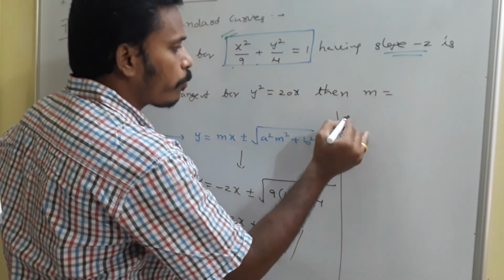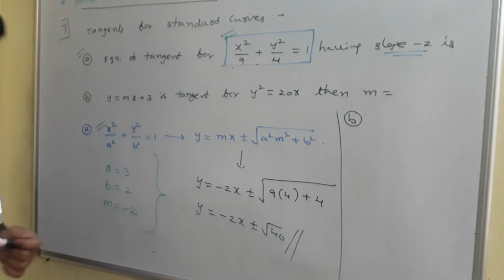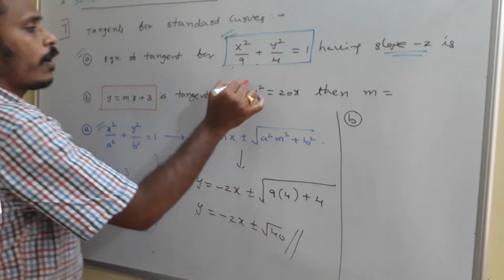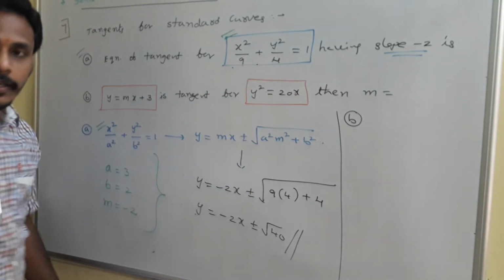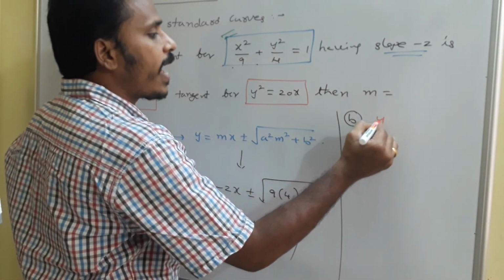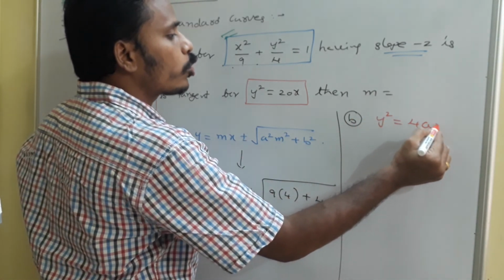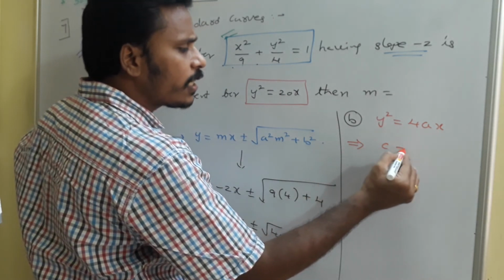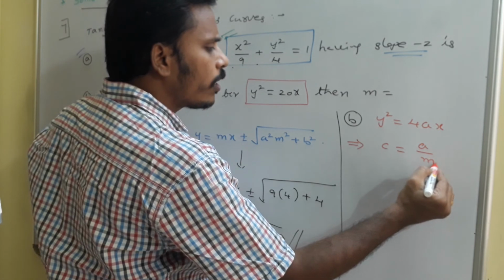Whereas coming to the second problem, B, what you see, y is equals to mx plus 3 is tangent for y square is equals to 20x. If you compare y square is equals to 20x with the standard curve, y square is equals to 4ax, then the tangent condition is c is equals to a by m.